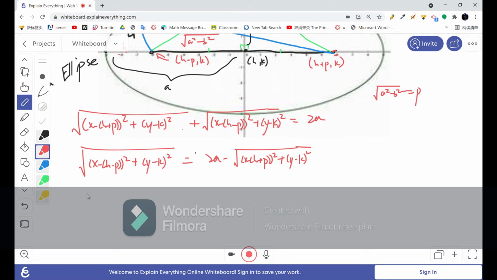So we have (x minus h minus p) squared plus (y minus k) squared, which equals 4a squared plus (x minus h plus p) squared plus (y minus k) squared, minus 4a times the square root of the thing which I'm not going to write.